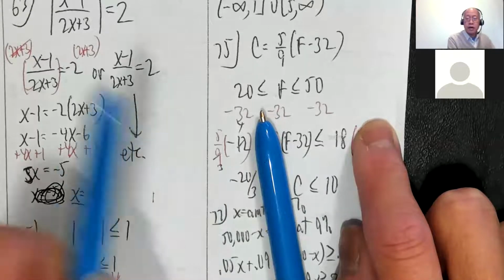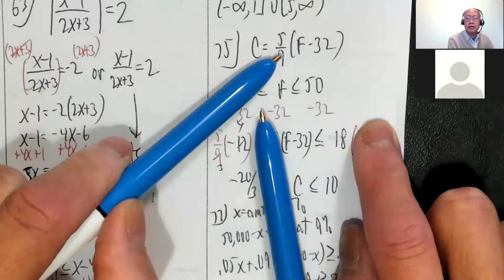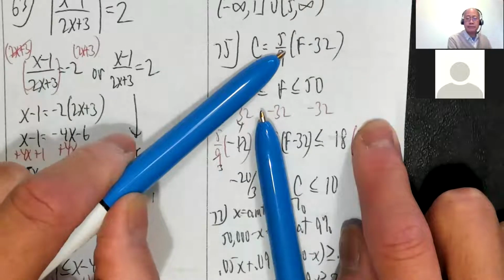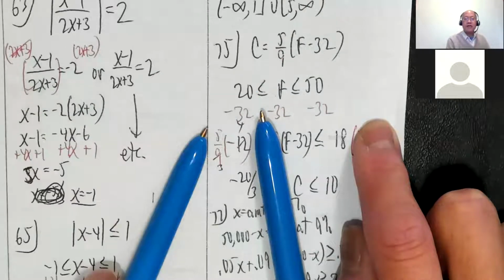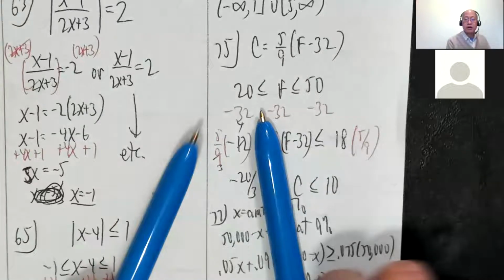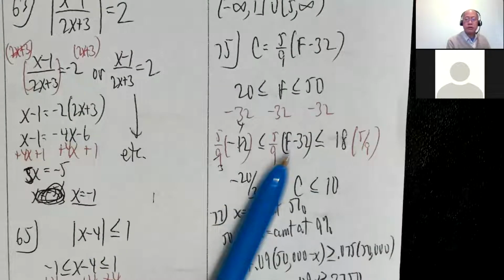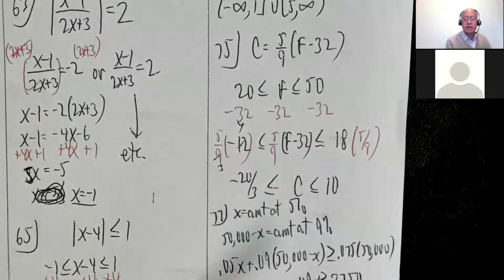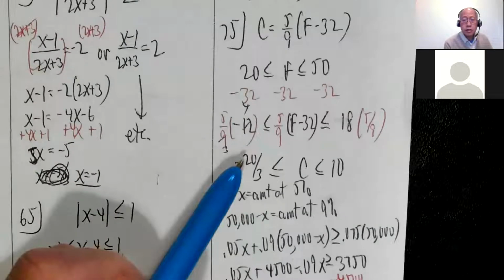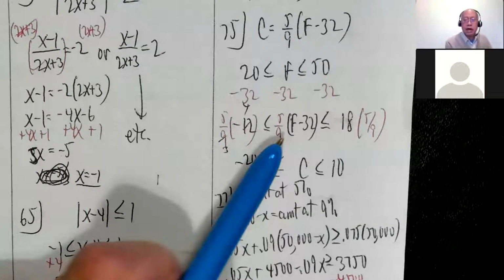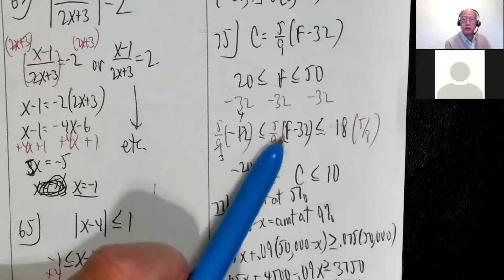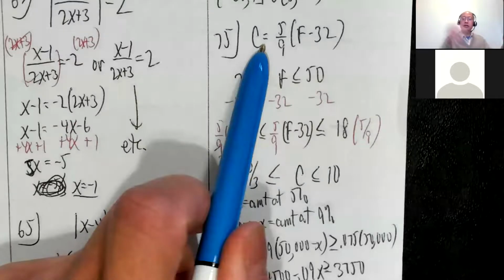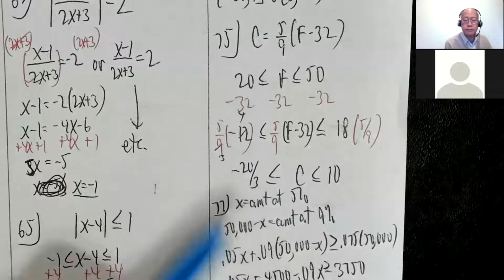Okay, so what are you doing that for? I'm trying to force the middle thing to look like that, and then I change it to C. So 5/9 times negative 12, 5/9 times F minus 32, 5/9 times 18. Okay, and see, that's the idea. The middle now looks like 5/9 times F minus 32, and that's equal to C. So I can get the range of the Celsius values.